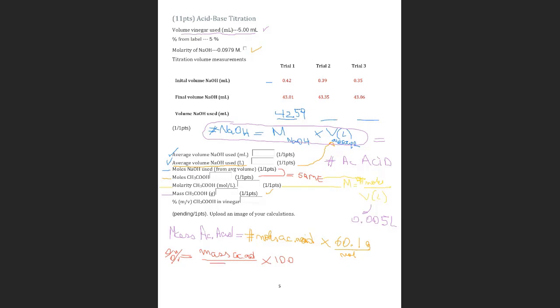So we are going to write 5 milliliters. And it should be around 5%, which is the percentage of acetic acid in the vinegar that we use in the salad. Any questions so far?